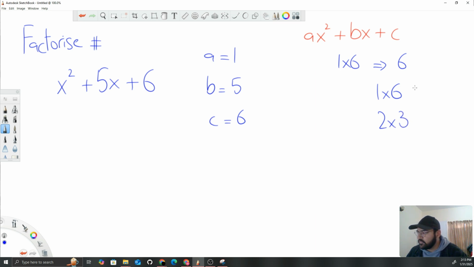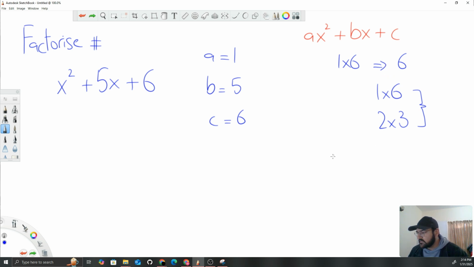Next, you choose a pair that you add up, or take the difference of, to get the middle number. Both 1 times 6 and 2 times 3 seem to work, but which one are we going to choose? The product of these two should be equal to positive 6 as well.